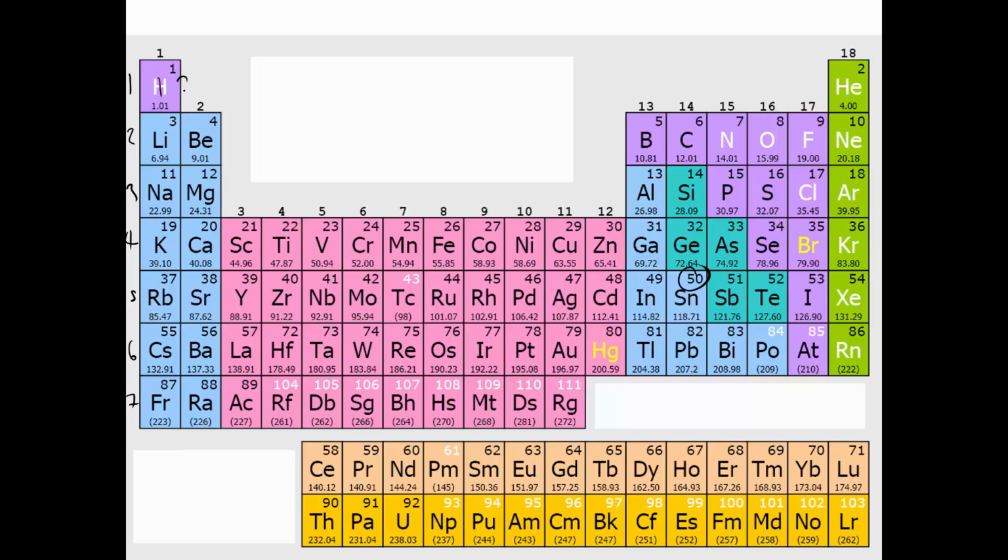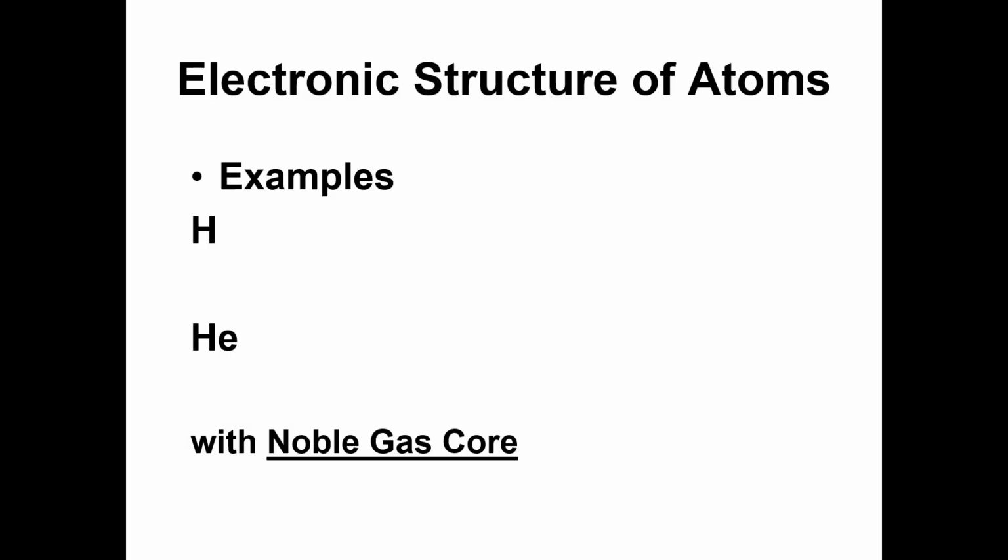So you fill the 1s first, then you're done, then you fill the 2s, this is the 2p, 3s, 3p, 4s, 3d, 4p, 5s, 4d, 5p, etc., etc., etc.